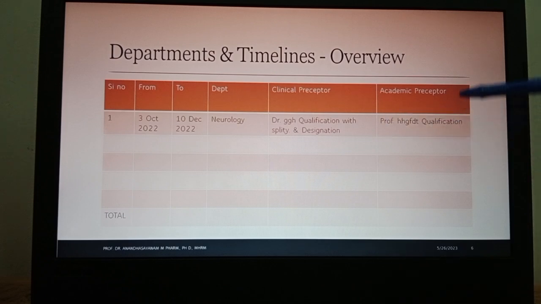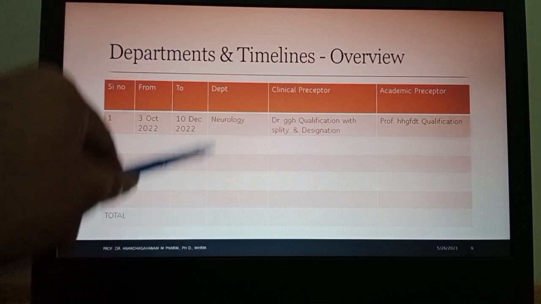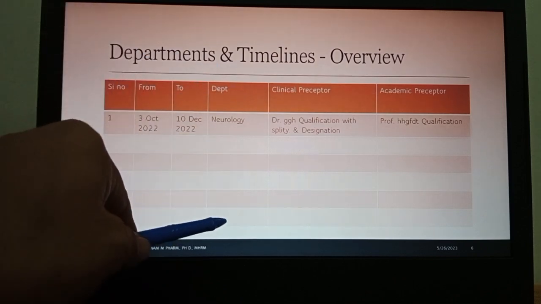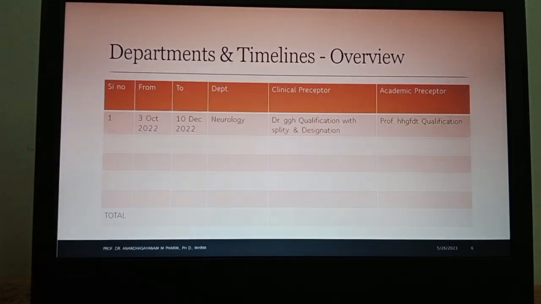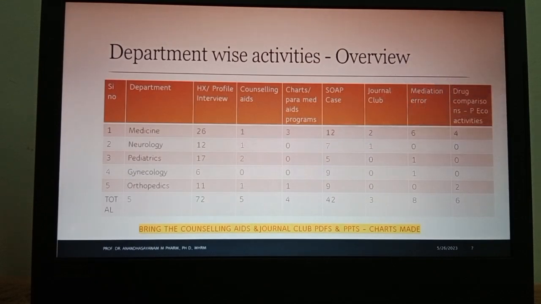So like that, and the academic preceptor, your professor or the preceptor who comes from the college, who works with you all day over there. So that, and put a total, whatever you do: the total number of days, the total number of departments, and the number of things that you have done. The total should always be there, and this kind of graphics can be used in the presentation while moving from one slide to the other, the transition thing.